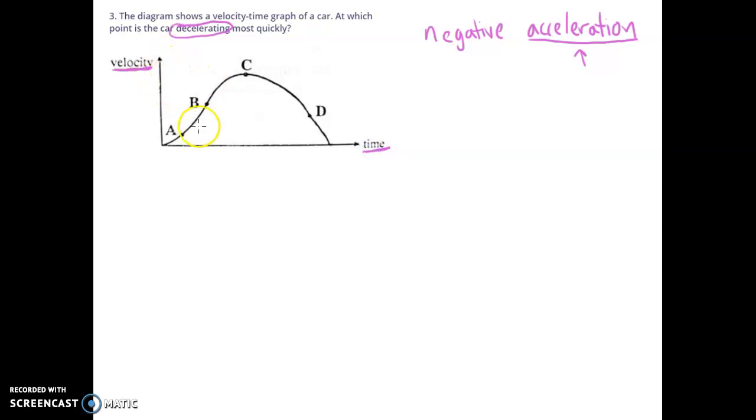So we have a velocity time graph. At every point along this curve, it's not representing a position. It's representing a velocity. This is very, very different than probably what you're used to.